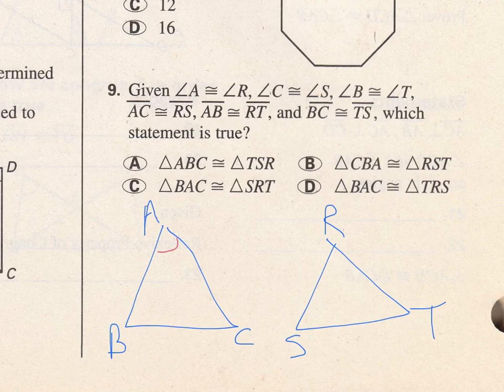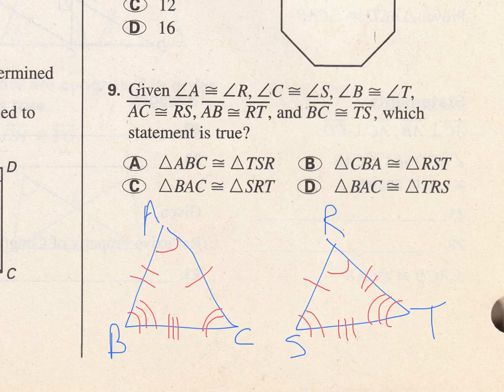So A is congruent with R, C is congruent with S, B with T. Alright, now you got segments. You see you got AC is congruent with RS, AB is congruent with RT, and BC is congruent with TS.